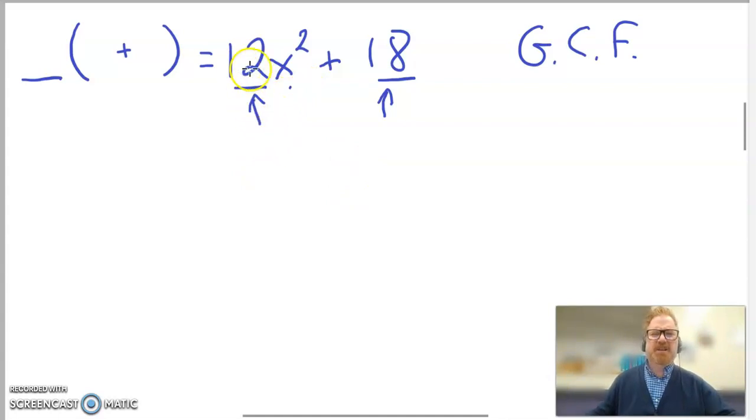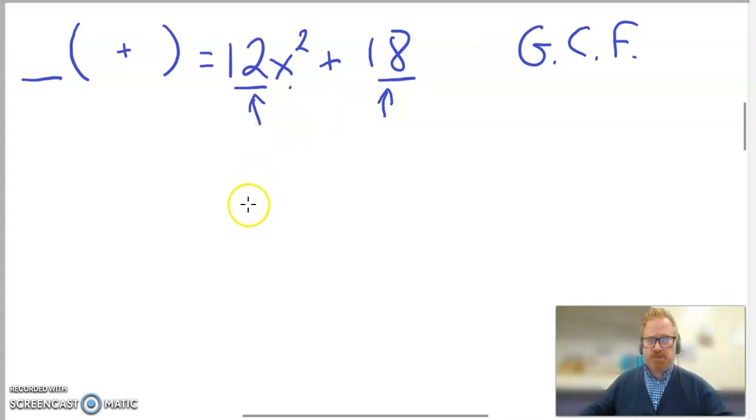Right? What's the biggest number that can go into these two terms? Well, they're both even, so we could divide both by 2. But then we get 6 and 9. Well, 6 and 9, well, those are both divisible by 3. So we wouldn't really be done.